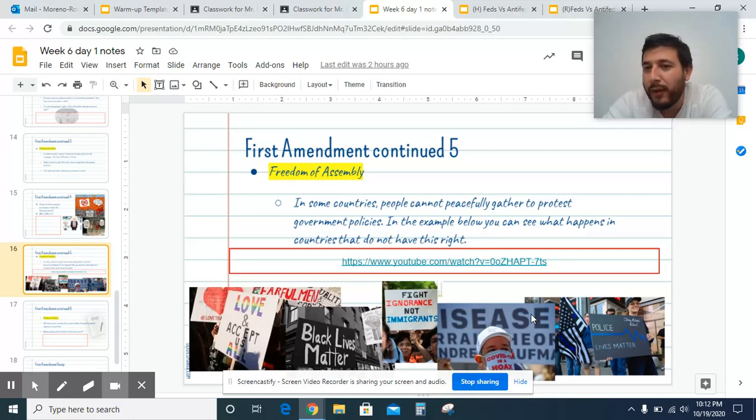Let's say Mr. Moreno's first period, and then you go with Miss Gibbons' second period, and then you go with the band director, and then with the art teacher, and all other students, and you go and protest Miss Pineda and say, hey, Miss Pineda, we don't like what you're doing with charging people. You can do that because you're protesting peacefully. You're not going to go and slap someone, right? If you do that, then it's not peaceful anymore. But as long as you are peaceful, you have the right to do this.